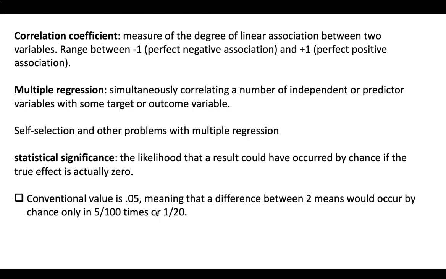We know from other research and so on that that's not necessarily the case. So we put this conventional value of 0.5, meaning that basically you have a chance of this happening about 1 in 20 times, meaning that's a pretty strong conclusion.